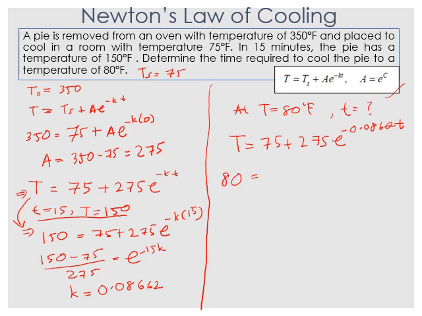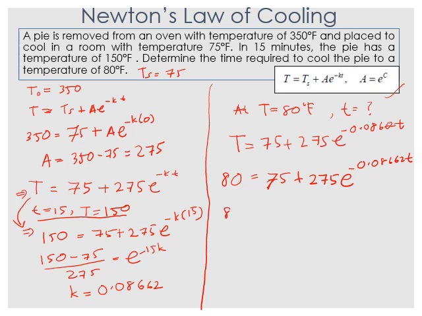So we just substitute the temperature: 80 equals 75 plus 275 exponent negative 0.0866t. Now you solve for t.